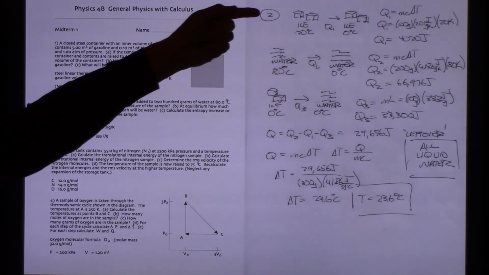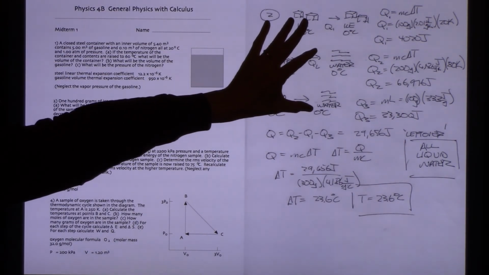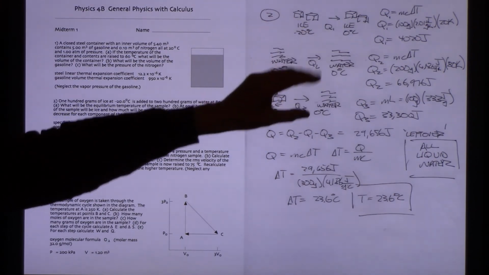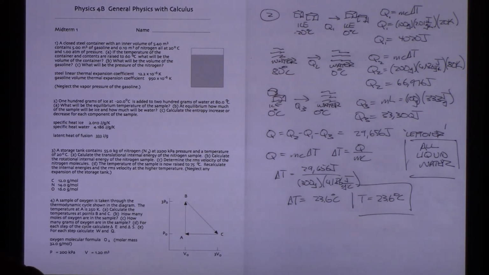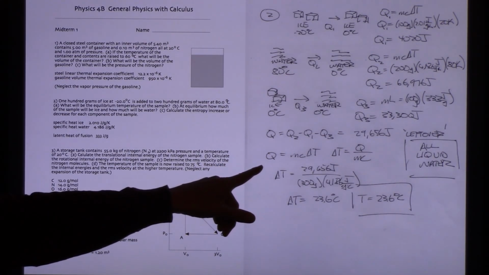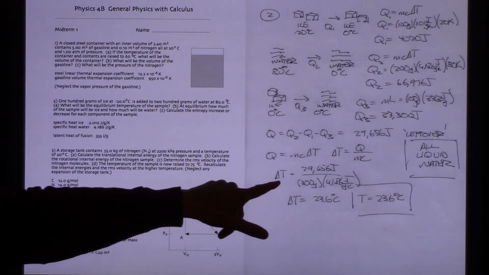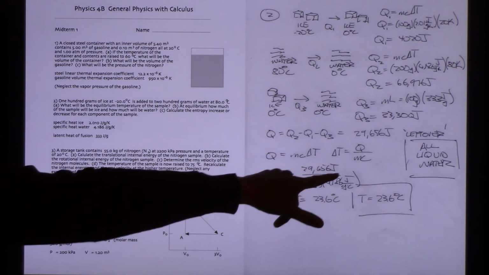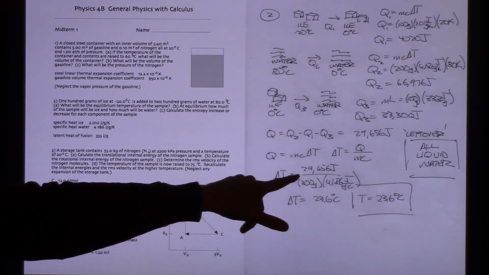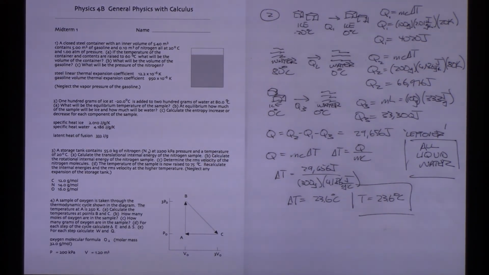Now at this point, the ice sample and the water sample, they both consist of water at 0 Celsius. So it's fairly similar to that problem we looked at in lecture. So what we're left with here then is, I'm still using this formula and flipping it around. What we're going to do is take all of the remaining leftover heat, 29,656 joules, and we're going to treat the entire sample as one sample of water at 0 Celsius.